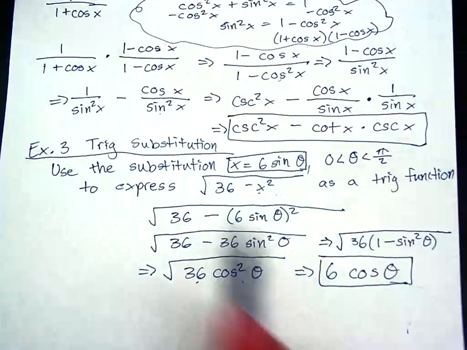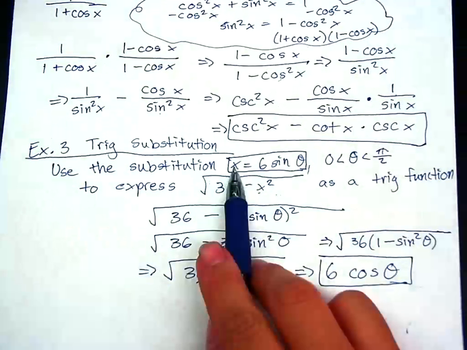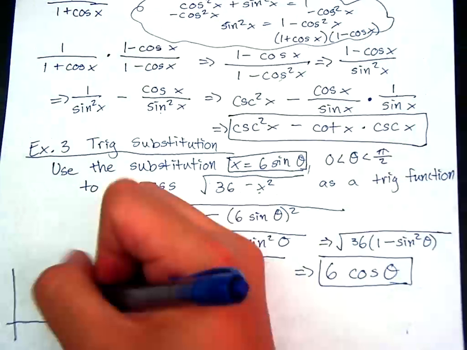Now some of you might ask, wait, where the heck did that come from? First off, looking here, I can actually draw a triangle. So I have x equals 6 sine theta with this specification for where my triangle should be. So between 0 and pi over 2, I know that my triangle is going to be in quadrant 1.